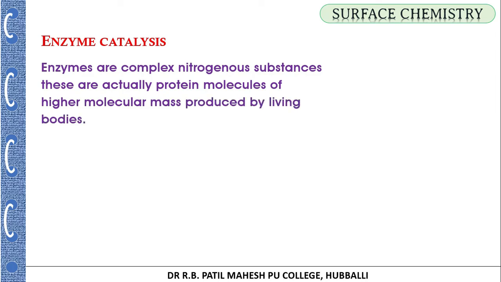The simplest example that you know is nitrogenase, that is present in nodules of leguminous plant roots. And what does this nitrogenase do, students? It is going to fix the nitrogen present in the atmosphere and helps in converting that nitrogen to ammonia.